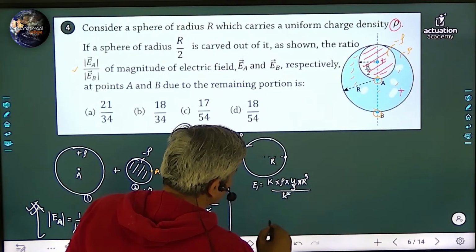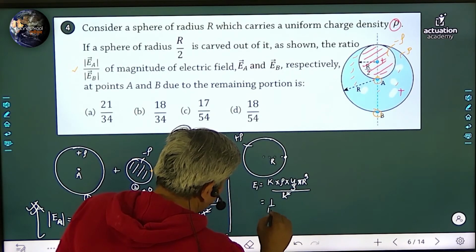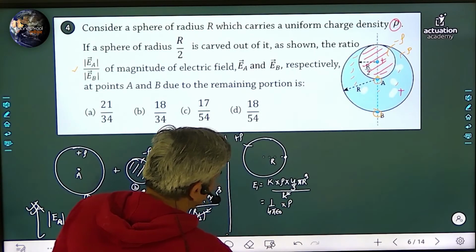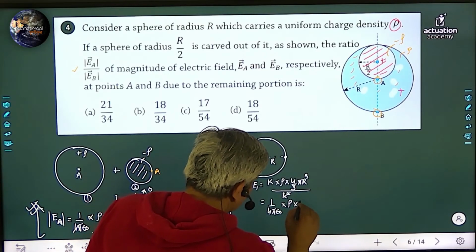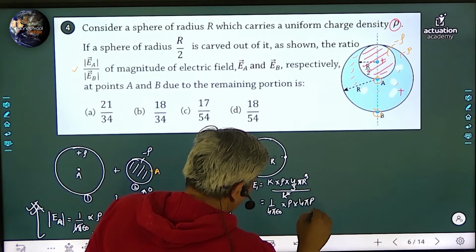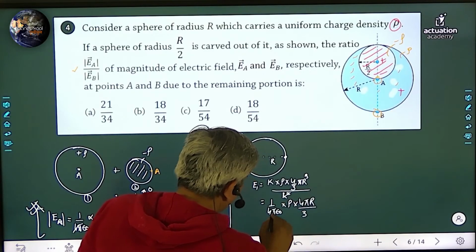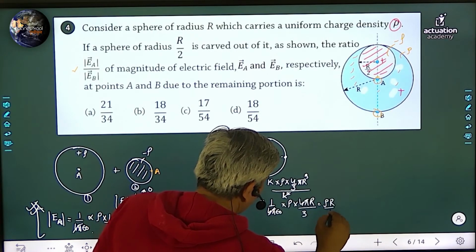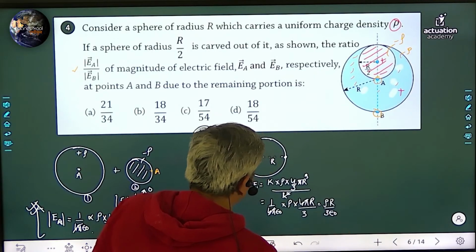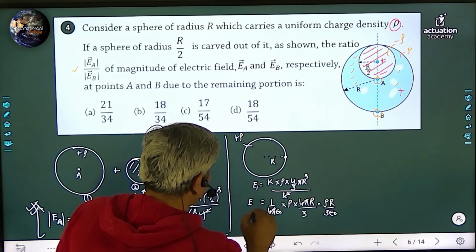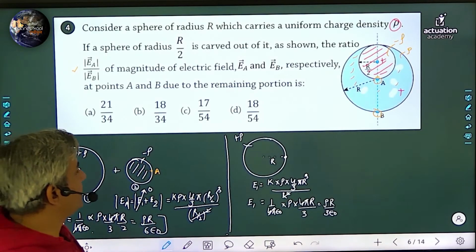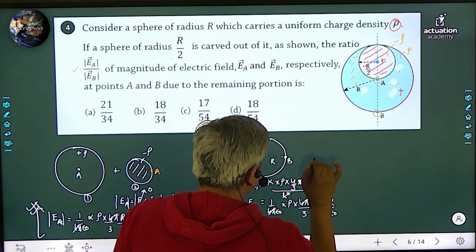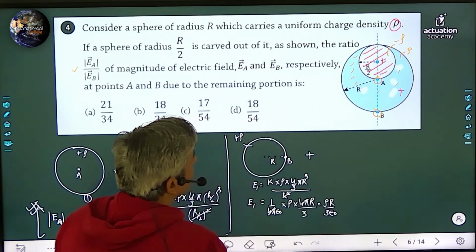This will cancel out. And if we put the value of K, then 1 by 4 pi epsilon naught into rho into 4 pi r by 3. This will cancel out. So this will give rho r by 3 epsilon naught. This is due to the bigger sphere at point B.